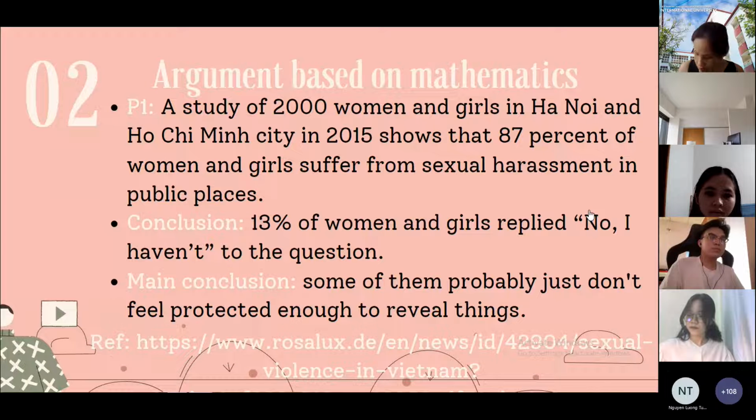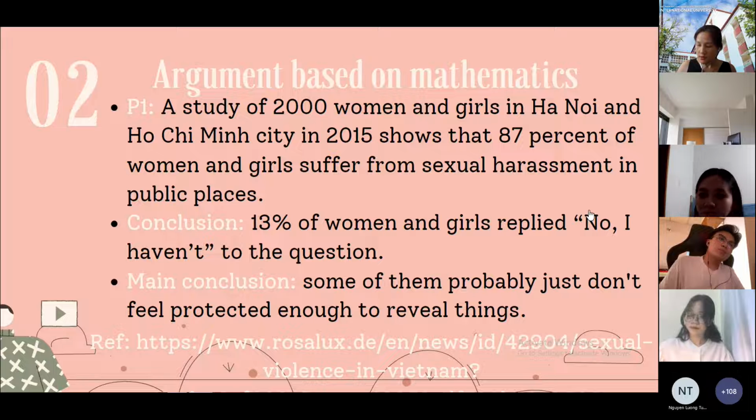I don't know who Loan is. Also the group said Loan is a victim of sexual harassment, but I don't know the honesty of Loan's statement. Okay, thanks, Jan. So Jan made comments on the authority and also the mathematics.